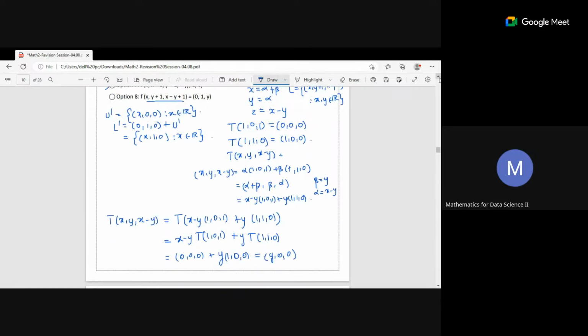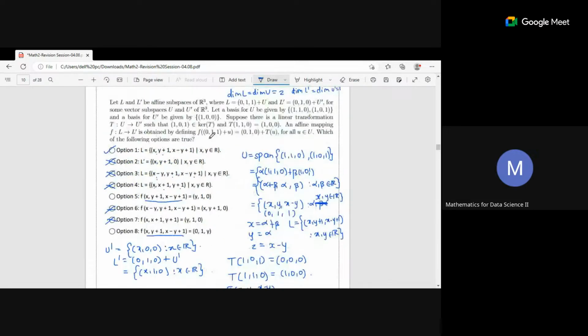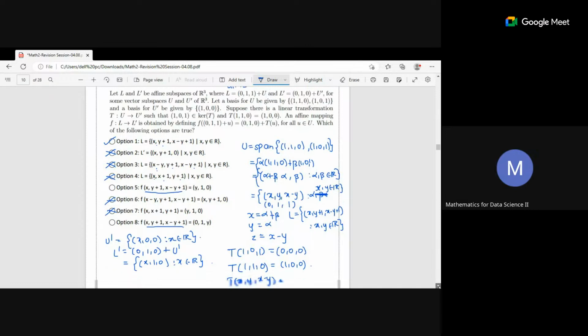Okay. Now what is your f of (0, 1, 1) + u, which is this one, (x, y+1, x minus y+1)? Now how can we express this?